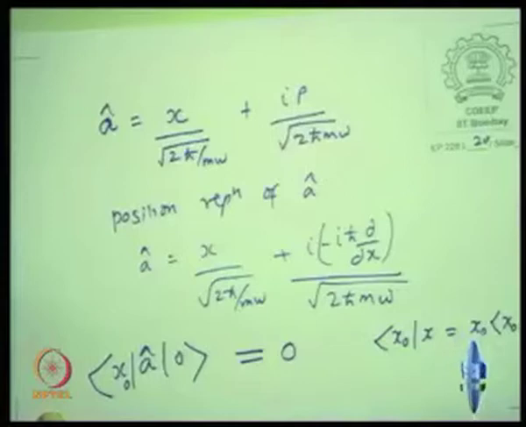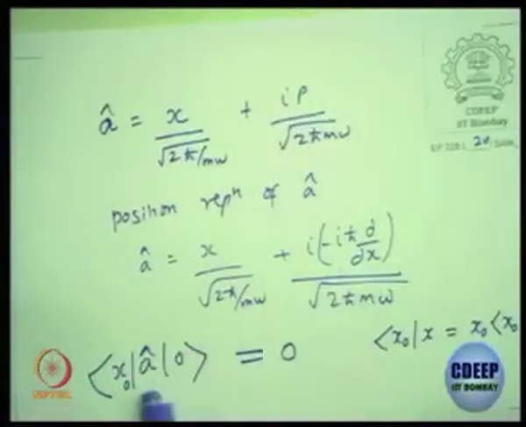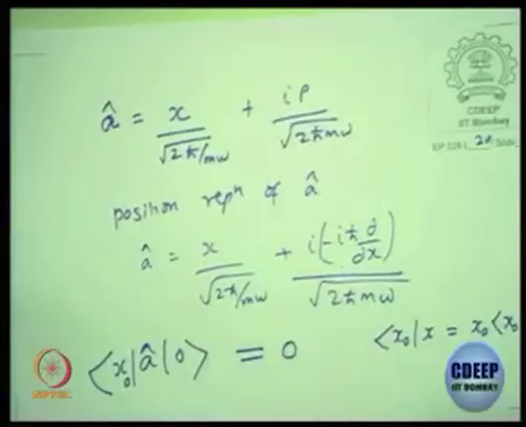Did I write P plus iX? Sorry, if I have done it, I am wrong. So what is the differential equation you will get out of this? So you will have an X naught divided by this and there will be a del by del X, which will be del by del X naught on the state, right? So what is that equation?